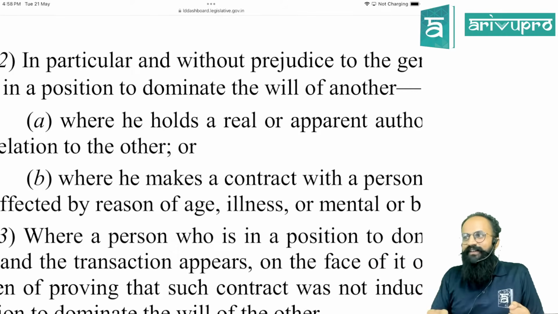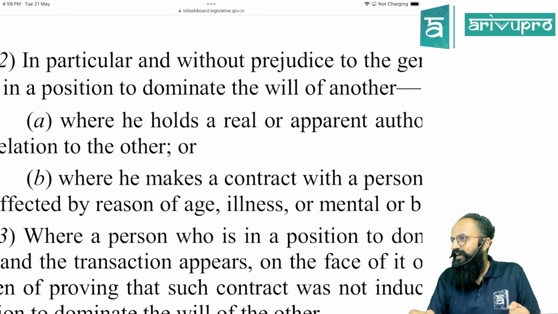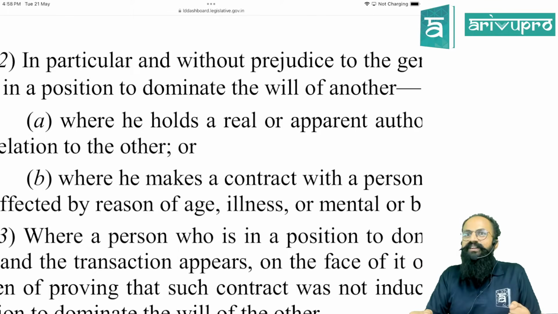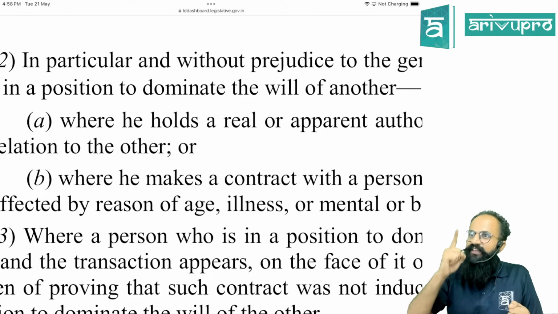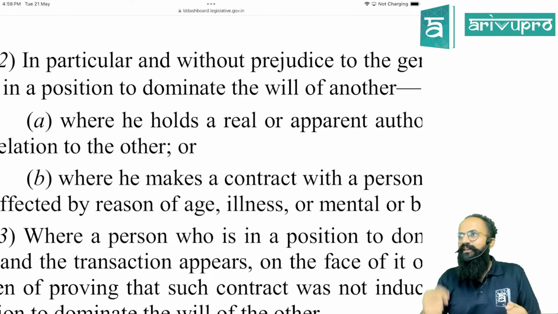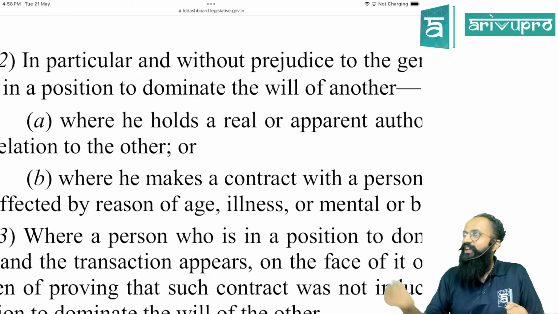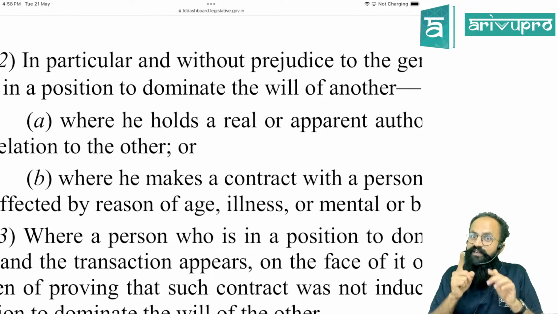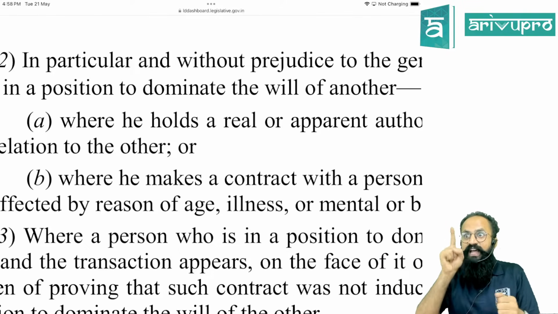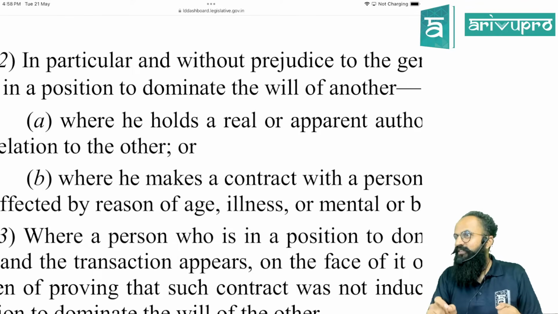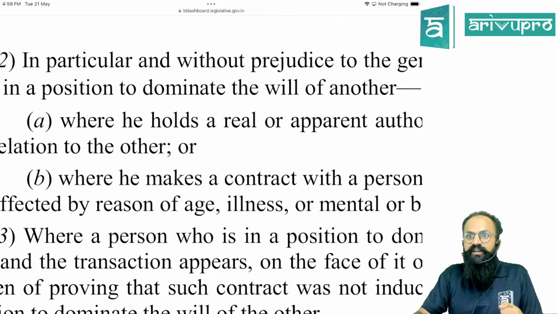Remember, there is one act. You guys will be studying this in CA Inter. It's called the General Clauses Act. In that act, it is written that wherever it is written as he, it includes she. Wherever it is written as she, it includes he. But this can have exceptions. There is something called the Maternity Benefit Act.